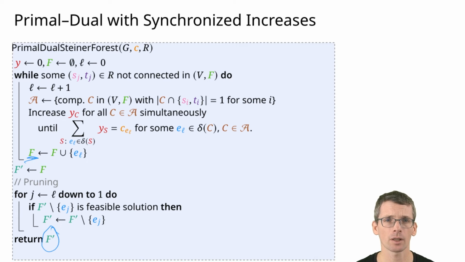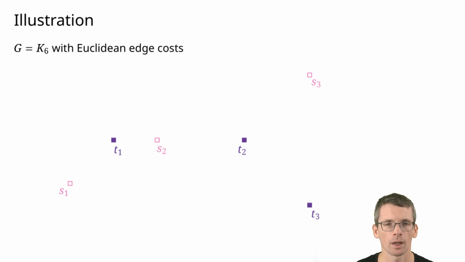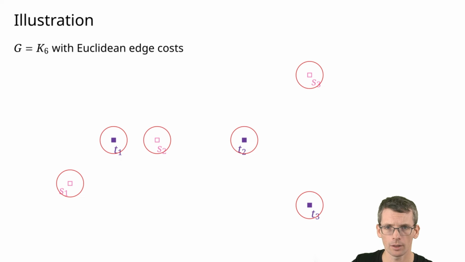Let's look at this by an example. We have 6 vertices, and we assume this is an example in the plane, and the edge costs actually correspond to the Euclidean distances. Now I'm increasing all of the yC simultaneously.